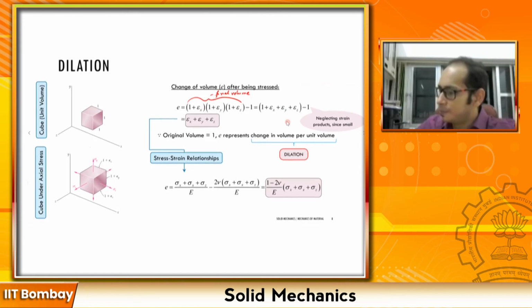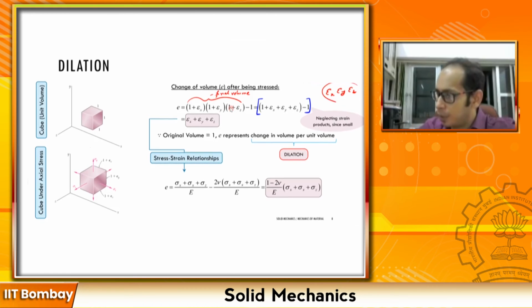But remember that in this whole expression, when you multiply this out, you will also get a term which is epsilon x times epsilon y times epsilon z, and the product of other smaller strains that you have. And since we are looking at very small strains, this can be ignored.